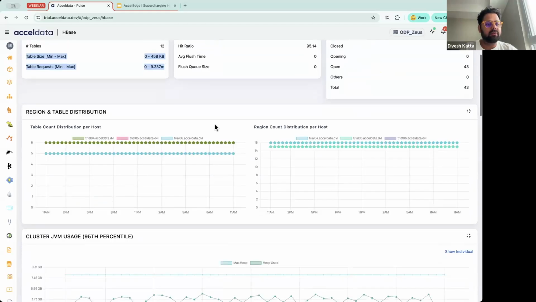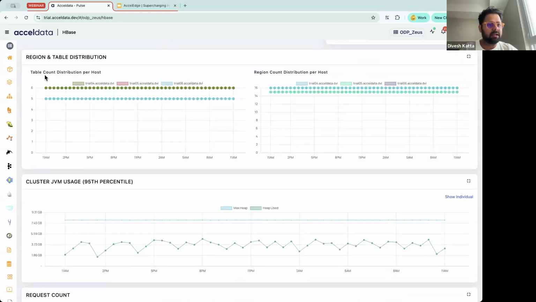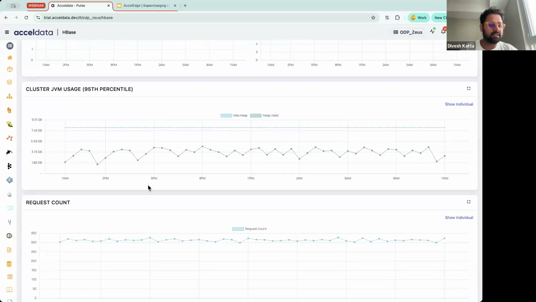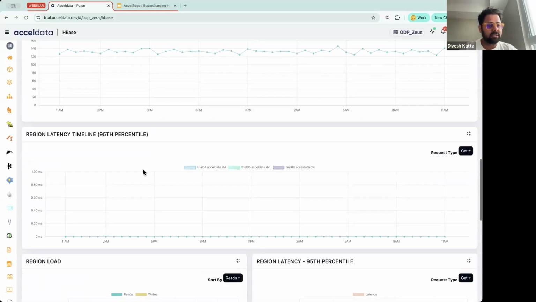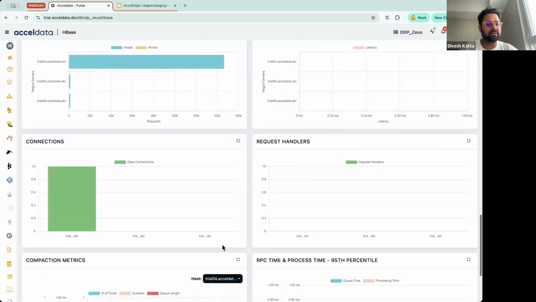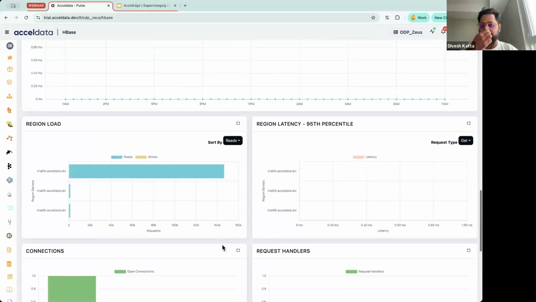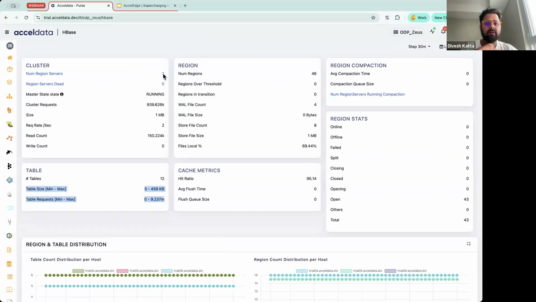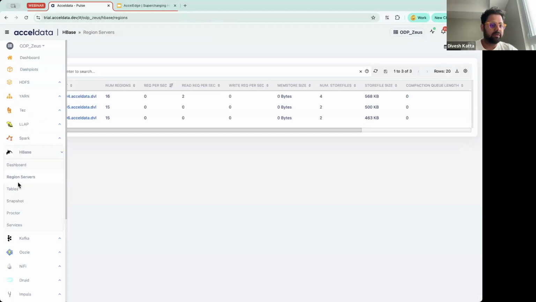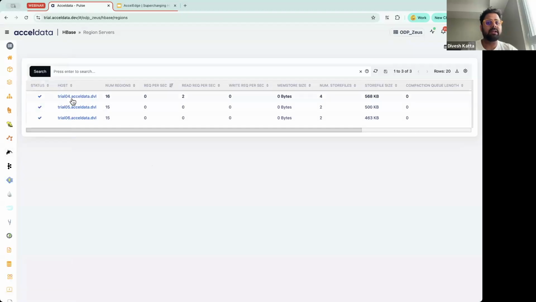Along with that, you can also see table count distribution per host and region count distribution per host. Similarly, we can see the cluster JVM usage, request count, RPC count, region latency timeline, region loads, and all those metrics help you understand the overall problems in the system or calculate any of the performance issues that we are having.